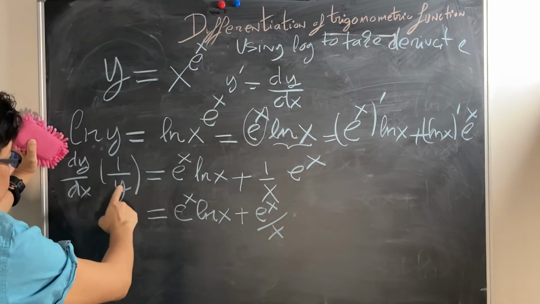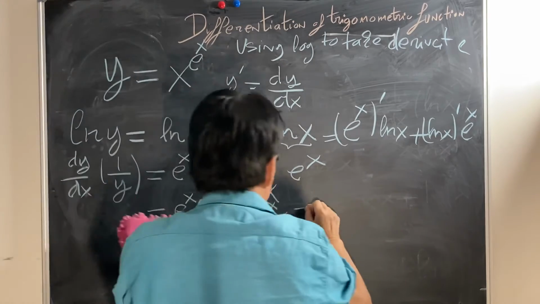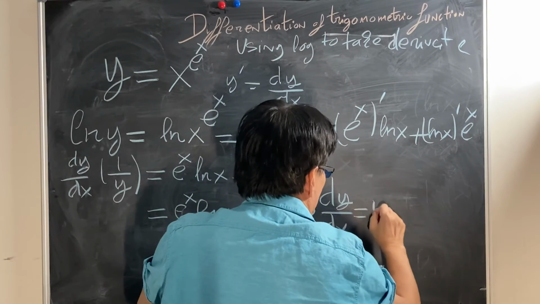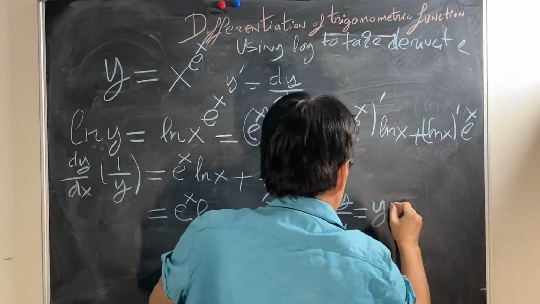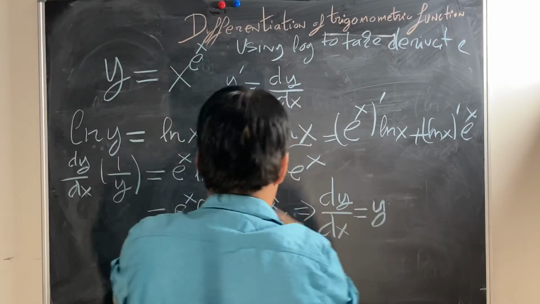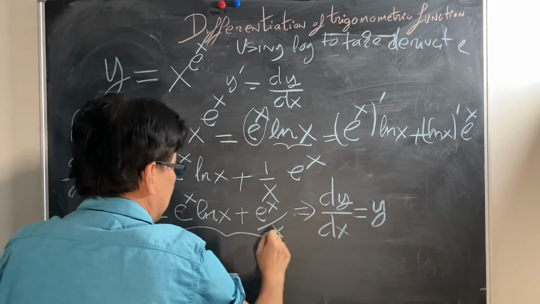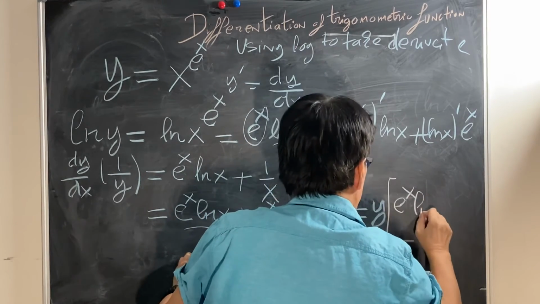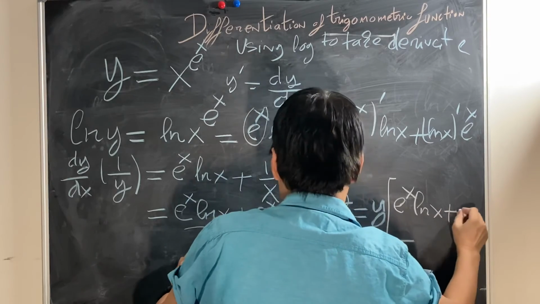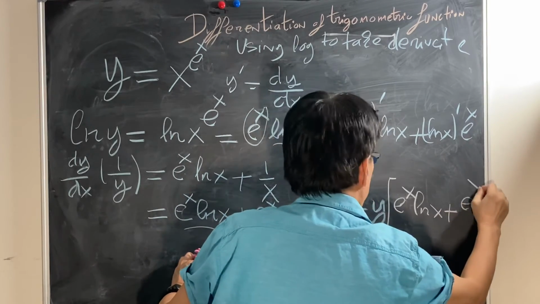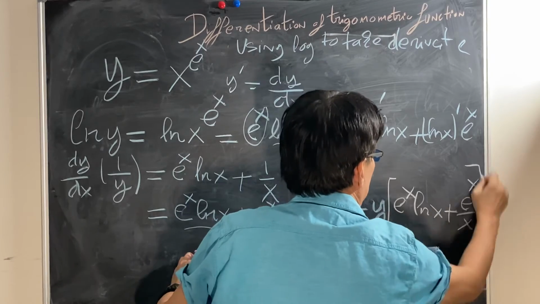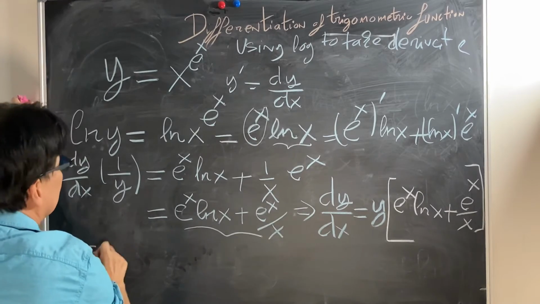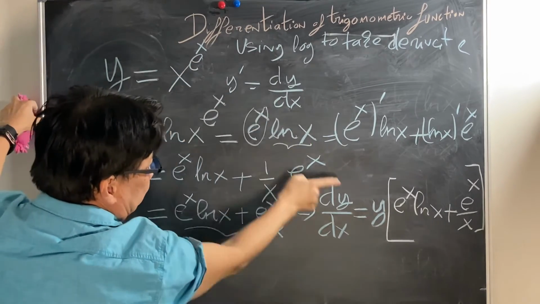If we multiply both sides by y and move y to the other side, then dy over dx equals y times the whole thing: e^x ln x plus e to the power of x divided by x. But y equals x to the e to the power of x, so we replace that.